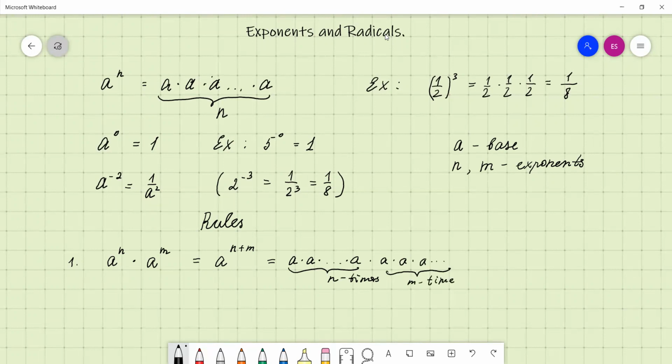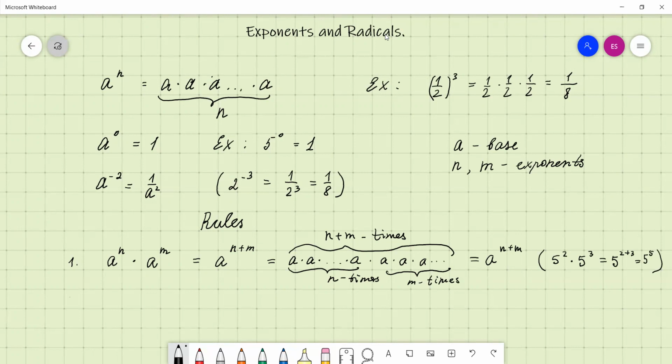So all together we have n plus m times, which is going to give us a to the power of n plus m. For example, 5 to the power of 2 times 5 to the power of 3 is going to be 5 to the power of 2 plus 3, or 5 to the power of 5. Okay.